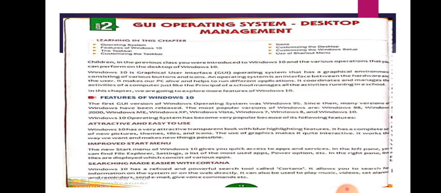The Graphical User Interface of Windows 10 has a graphical environment consisting of lots of buttons and icons. The operating system becomes the interface between the hardware and the user, giving a live look to our PC. It helps us to run different applications.